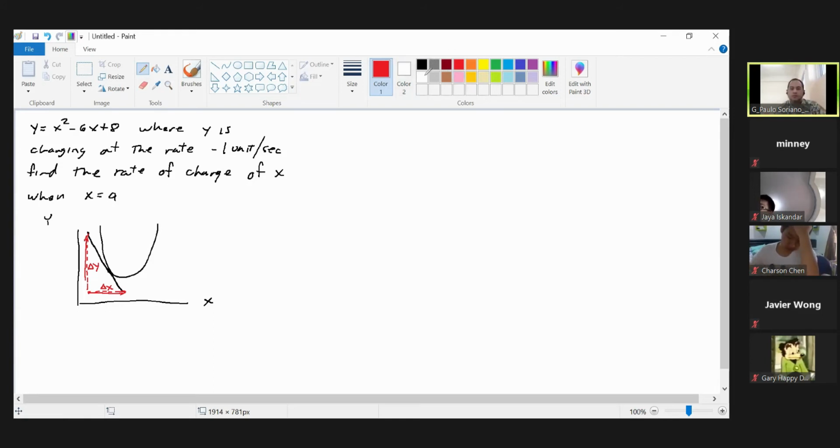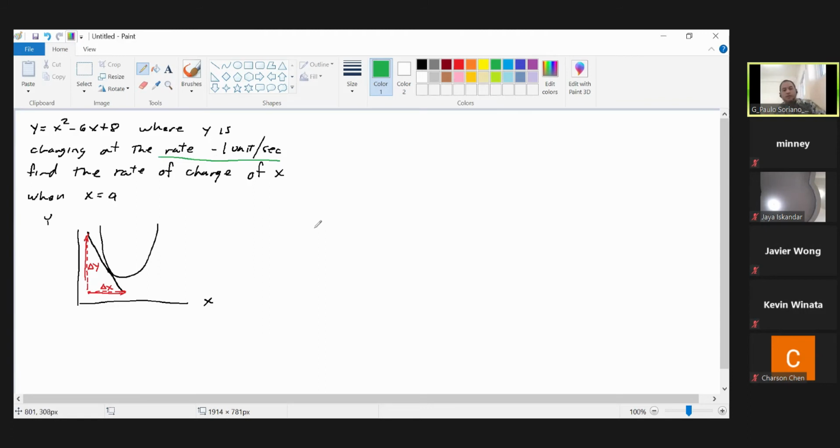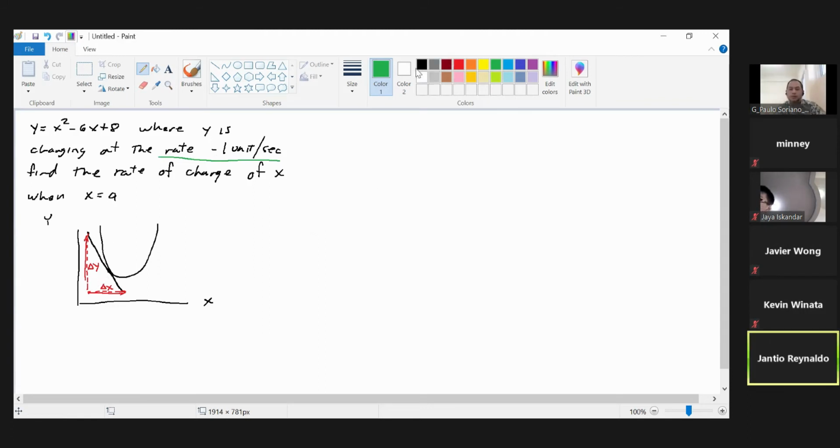So how do we solve that? The next thing you need to do is identify the parts that you have here. First of all, what is this rate of change of negative 1? Does it belong to delta x or delta y? It is y, so that gives us dy.